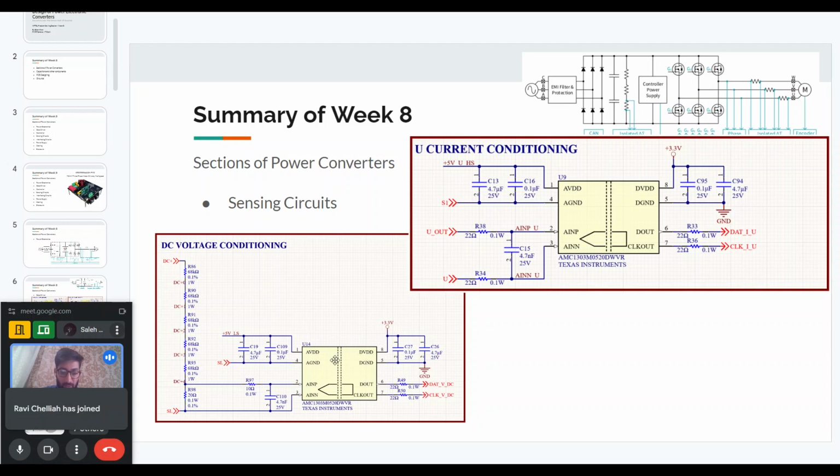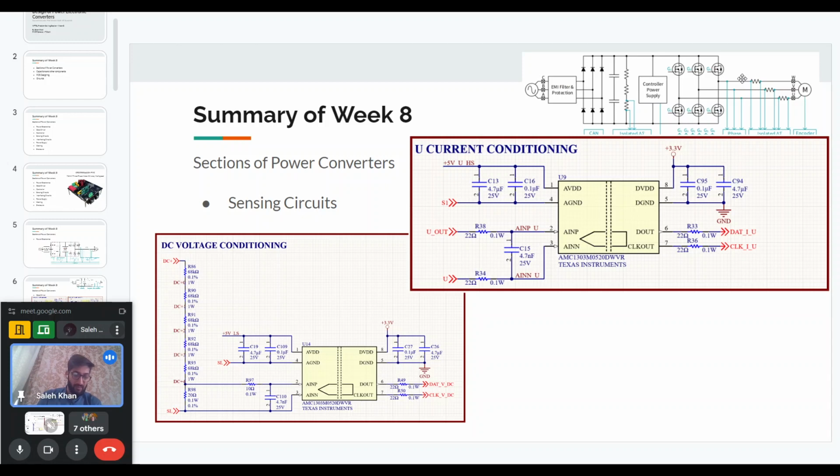This provides isolation, so the input ground is not the same as the output ground. This isolated output then goes to the microcontroller or the DSP. And similarly for the current sensor, we have a very small, high precision resistance. It is small because if the resistance is large, then the current going through it will create a lot of losses.